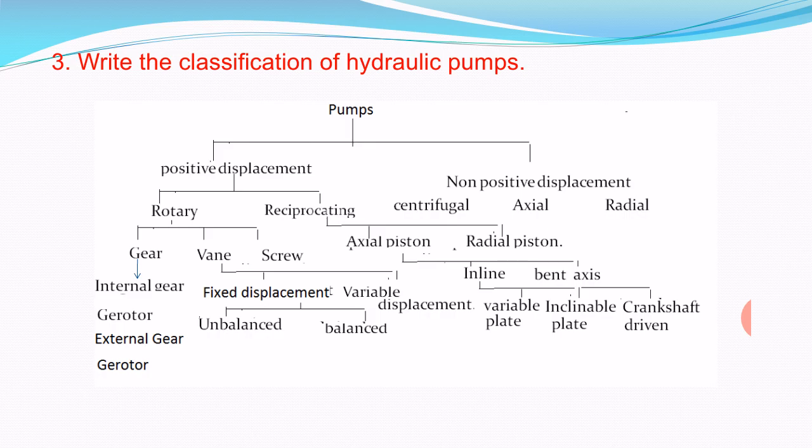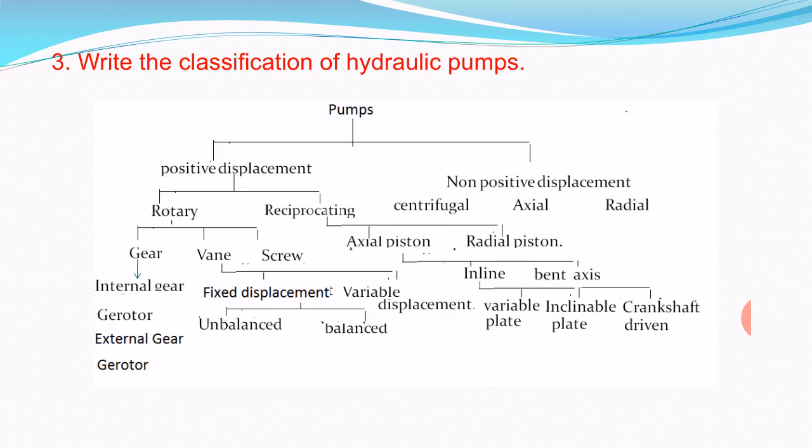Positive displacement means they give a fixed amount of fluid as output per revolution, but in non-positive displacement it will vary, there may be slippage and fluid may return. When the pressure increases, the output reduces in non-positive displacement, but in positive displacement there is no reduction.